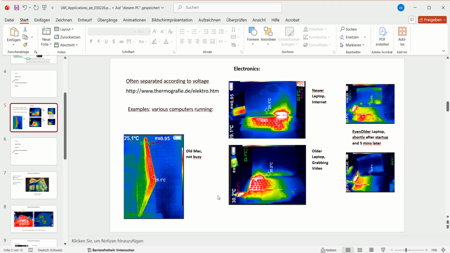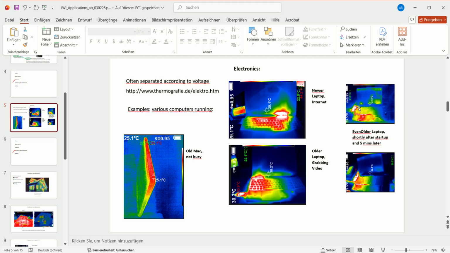An older laptop here heats up until 51 degrees, but as you can see here, the hottest spot is actually this dongle. That is an analog digital converter. And an even older laptop here also heats up most to the left side, so this is probably where the electronic parts are that produce most heat.